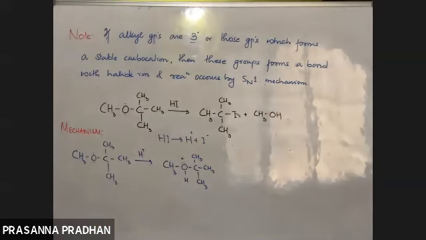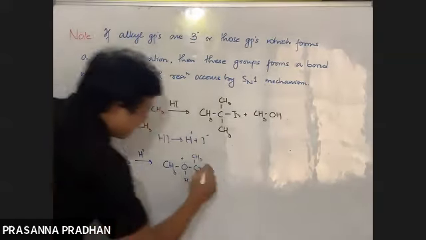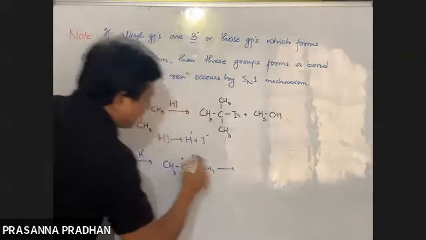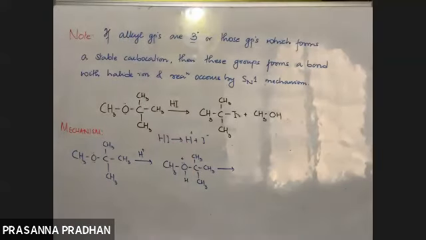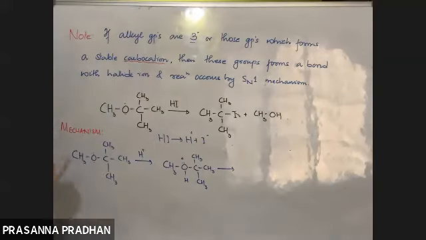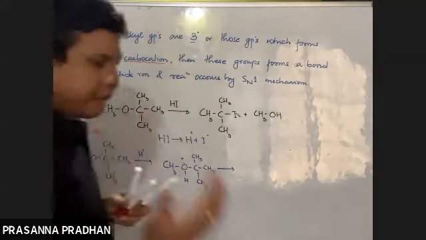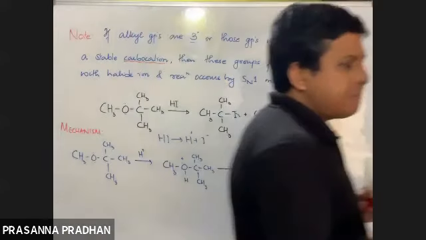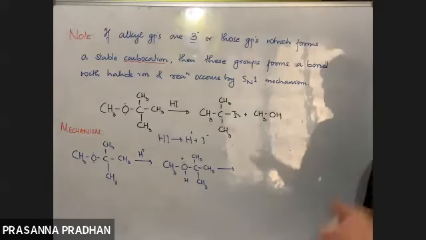So we get this. Now the first step is absolutely the same as the earlier one. Now there is a difference. Now we know the order of stability of carbocation; you should be knowing this. 3 degree carbocations are very stable, followed by 2 degree, followed by 1 degree.